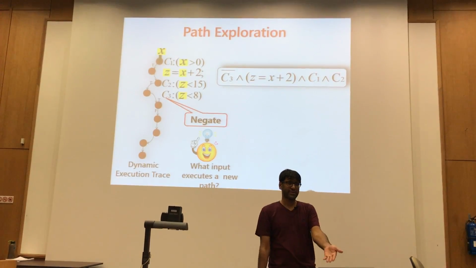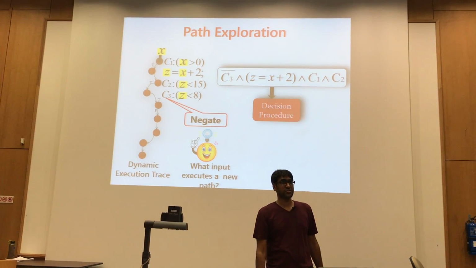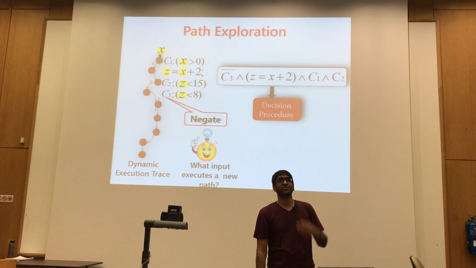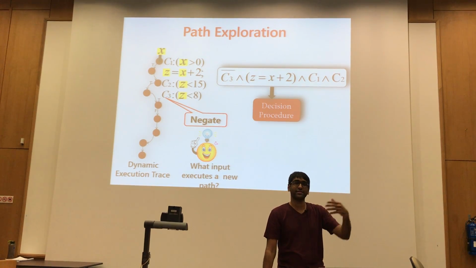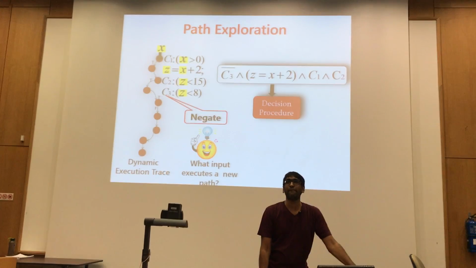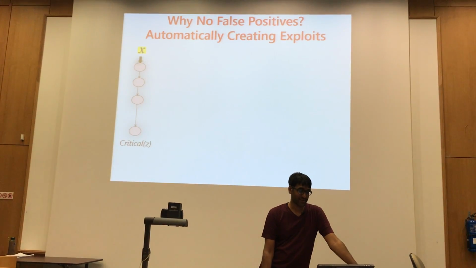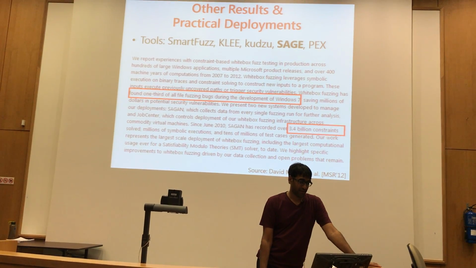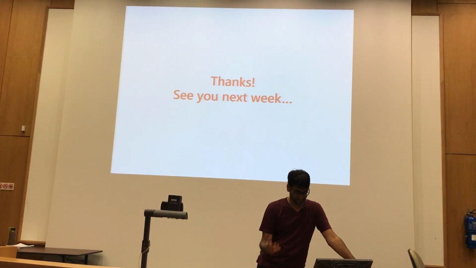And how to generate a value that satisfies this? Use a decision procedure, an SMT solver. It'll magically take this constraint and tell you, yes, not only is it satisfiable, here is a value that satisfies it, and you can use it to test your program. Okay, so that's how this works. Again, widely used, and that's it.